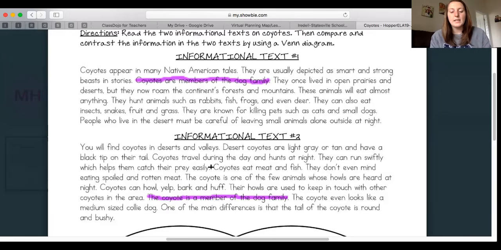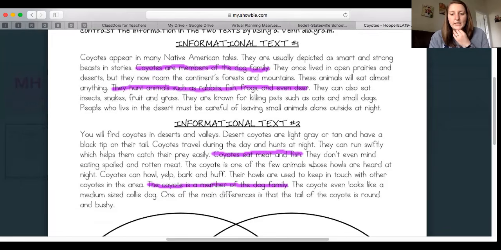Coyotes eat meat and fish. So I'm going to highlight that because it talks about that they eat the same things, even though it said it differently. They hunt animals. An animal is a meat, so that counts for what it said in the second passage. So they both said that they eat meat, and they both said that they eat fish. Is there anything else?